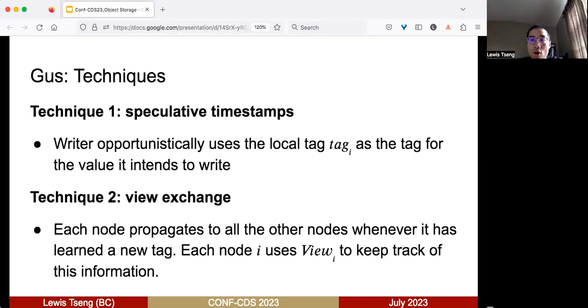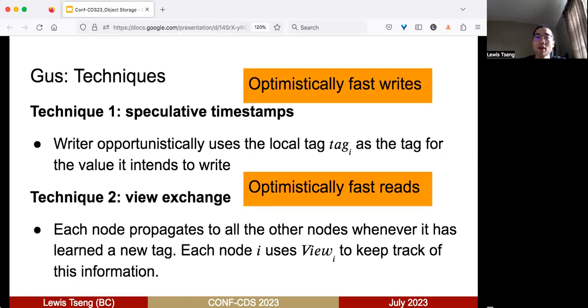The second one is that everyone needs to communicate with each other to update their view. And later on, they will use this view to determine the ordering of the operations. So on a very high level, technique 1 lets us do optimistically fast write. Technique 2 lets us do optimistically fast read.